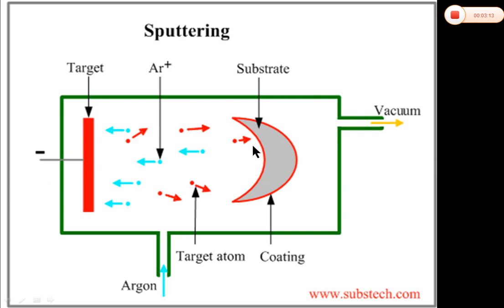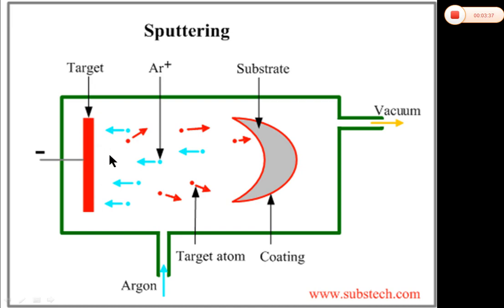Here in this picture, you can get an overview of the process of sputtering by this diagram. This is our target material. In this case, we have chosen aluminium. These are our argon ions, argon cations. They will strike the aluminium target.